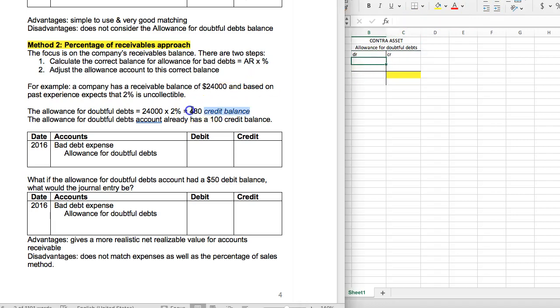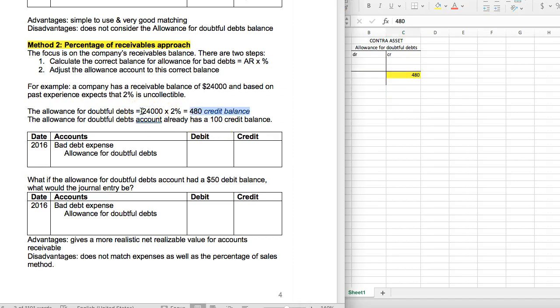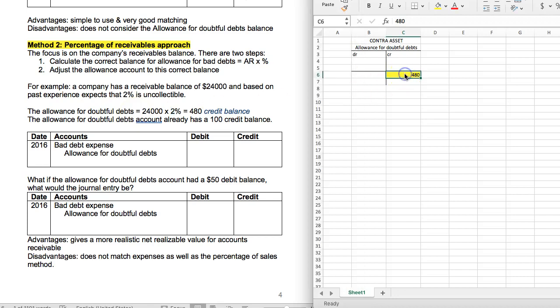Okay, so this 480 that we have here is what we have actually calculated is the ending balance for the allowance for doubtful debts. Have a think about why. What we've calculated is this is your accounts receivable and we've said 2% of this we estimate that we cannot get. That's our allowance for doubtful debts, which shows us how much of the accounts receivable we cannot collect.